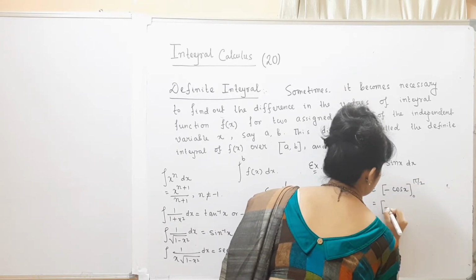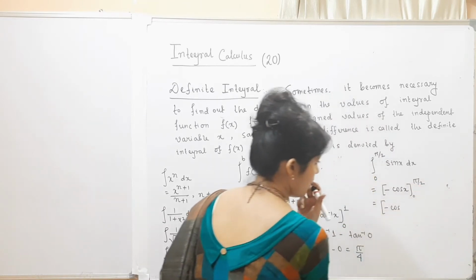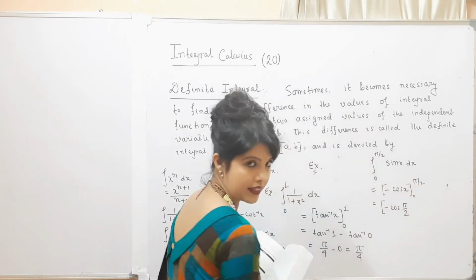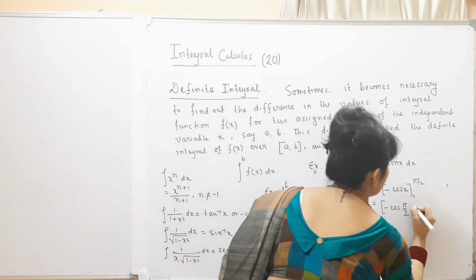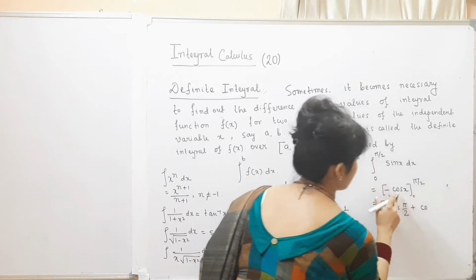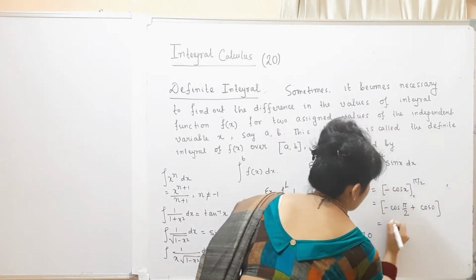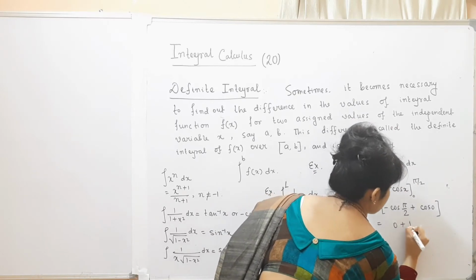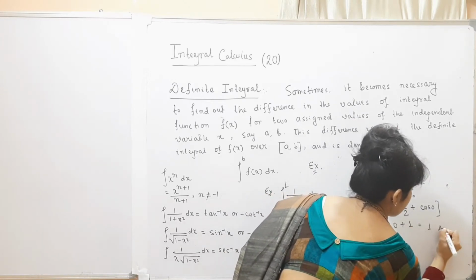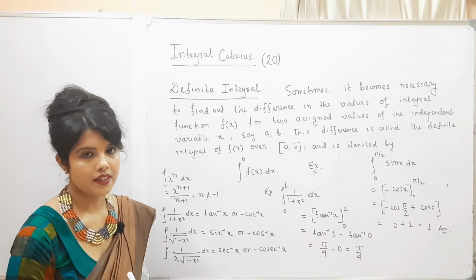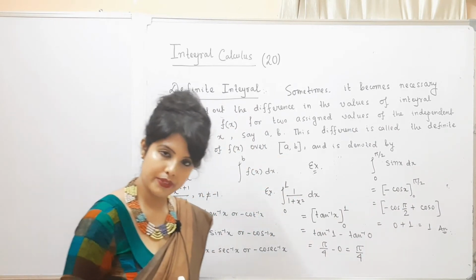The value of the function at the upper limit, pi by 2, minus of minus cos 0, so therefore this is plus cos 0. Now cos pi by 2 is 0 and cos 0 is 1, so it will give you 1. So these are very elementary examples of definite integrals.